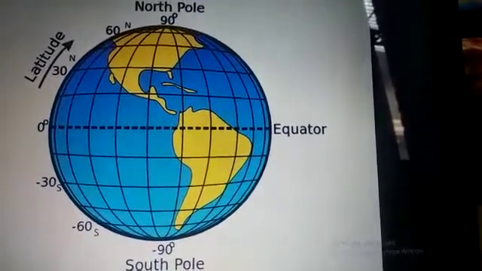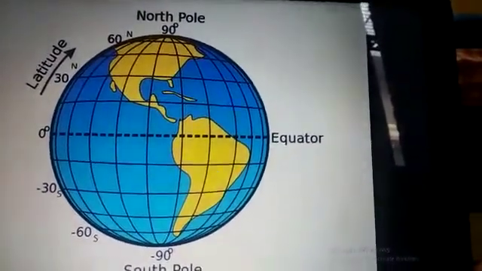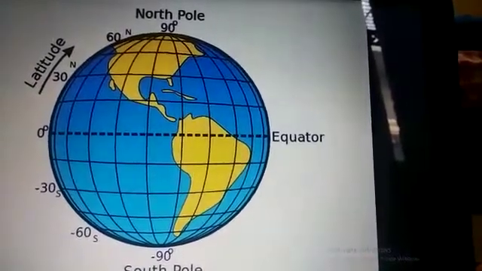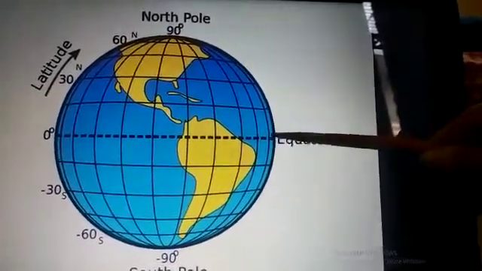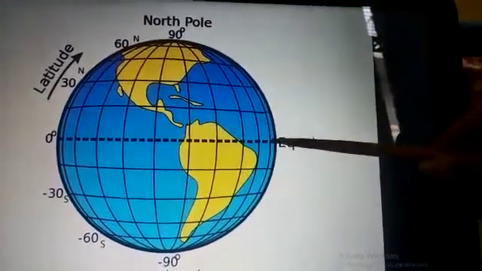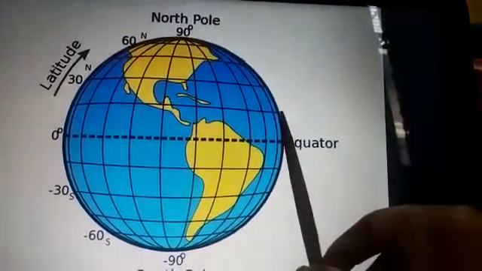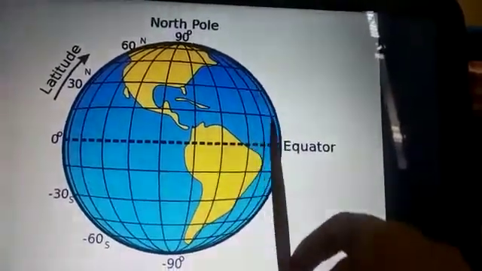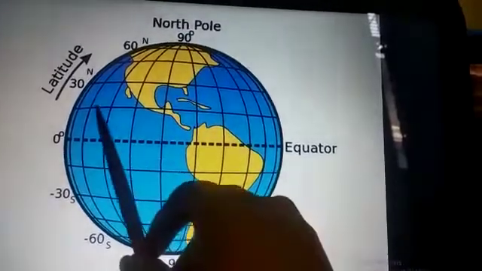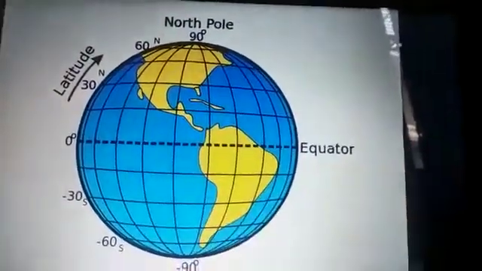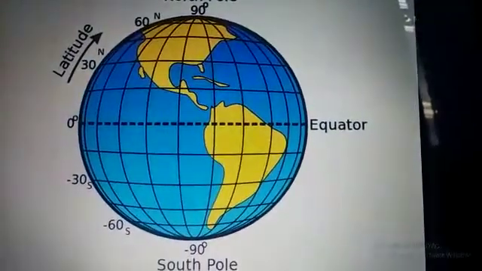The length of the parallels keeps decreasing as we move away from the equator towards the poles. See the length of these lines, they make smaller circles than before. Now see this line, this line, this line, they are making smaller circles.